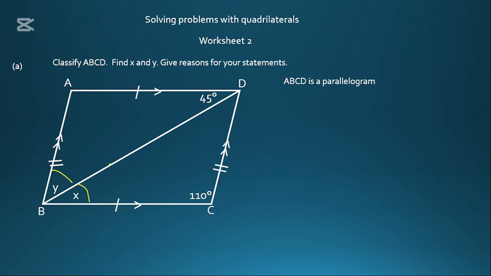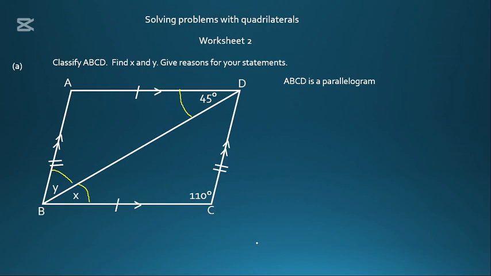So x is from this parallel line to that transversal, and from the same transversal to that parallel line is 45 degrees. So x and 45 degrees, they are alternate interior angles, and they are equal because AD is parallel to BC.